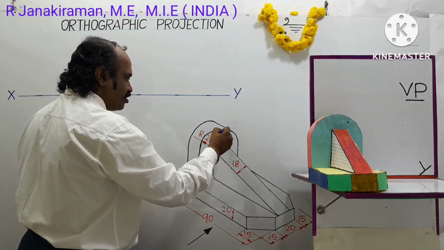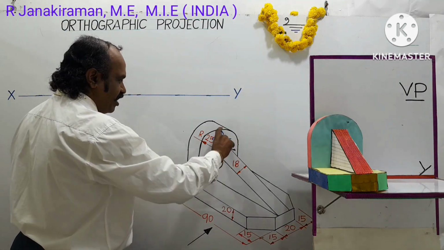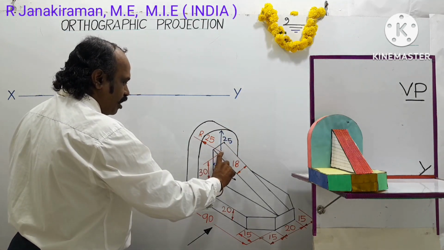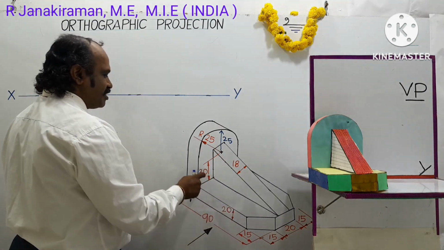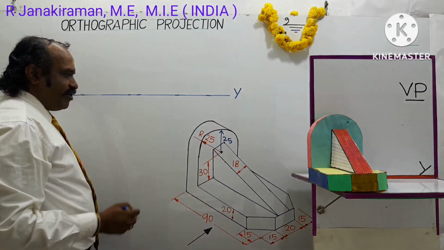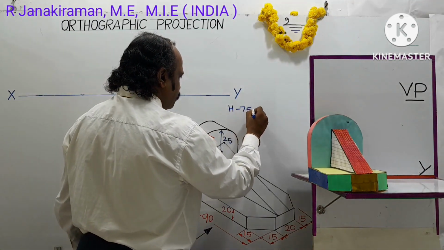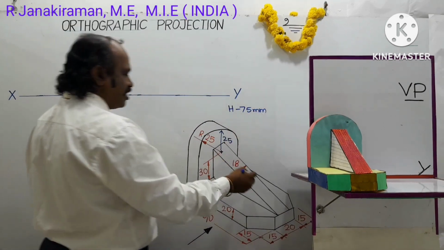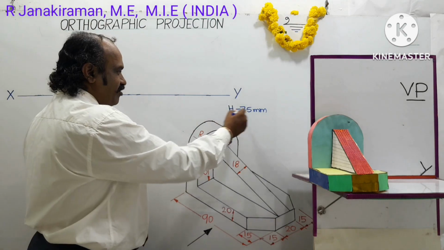This distance can also be taken as the same 25 mm. So 25 mm plus up to the top surface of the base 30 mm plus base thickness 20. So 20 plus 30 will be 50. 50 plus 25 will be 75 mm, the overall height of the object. The dimensions are given in millimeters, so the height is 75.